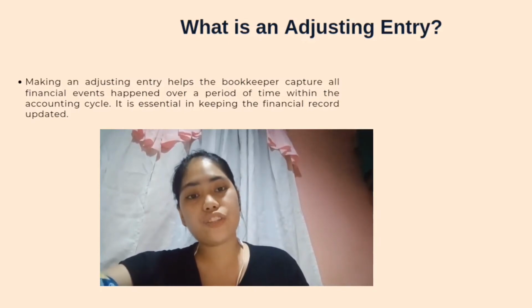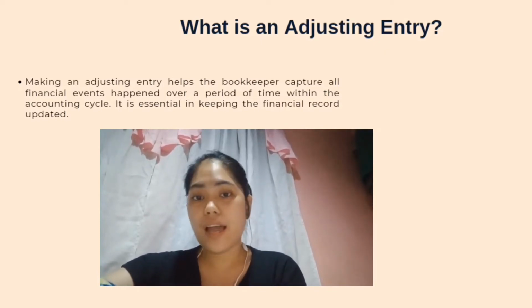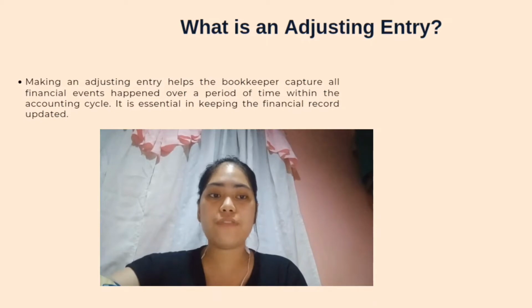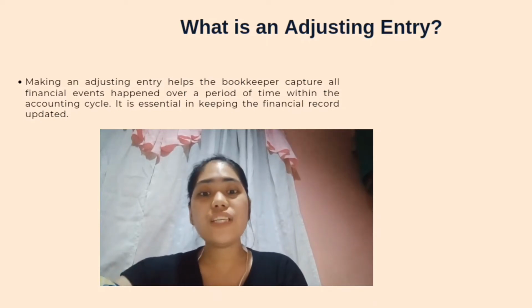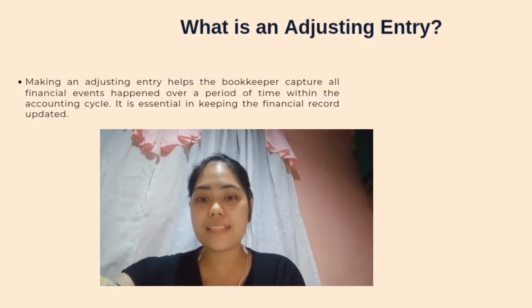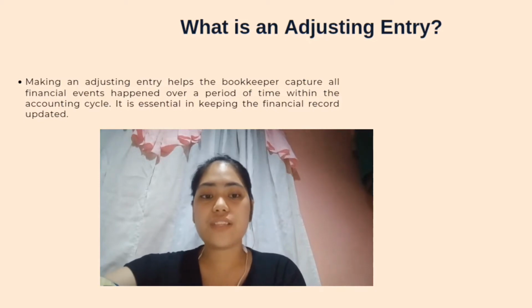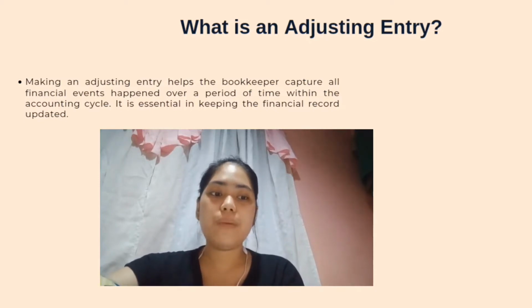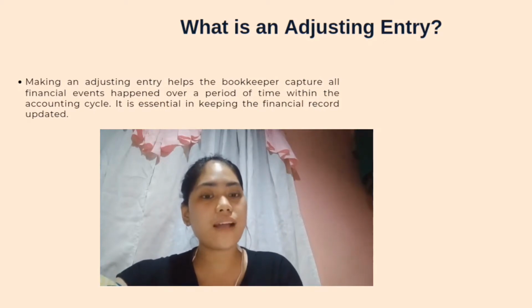Making adjusting entries helps the bookkeeper capture all financial events that happened over a period of time within the accounting cycle. Adjusting entries are necessary so that the adjusted trial balance may contain up-to-date and complete data. Adjusting entries update asset and liability accounts as well as revenue and expense accounts.